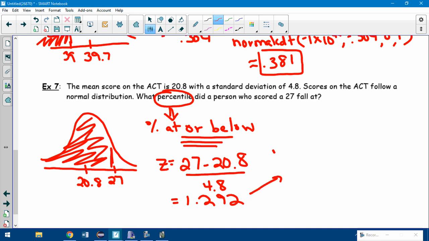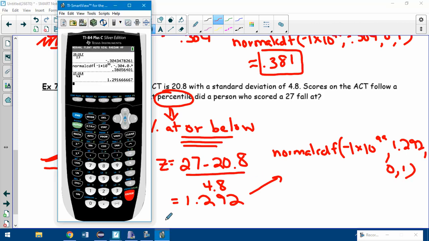Then I go to normal CDF. This is giving me percents. What's my lower? -1 times 10 to the 99th. What's my upper? 1.292, comma 0, comma 1.